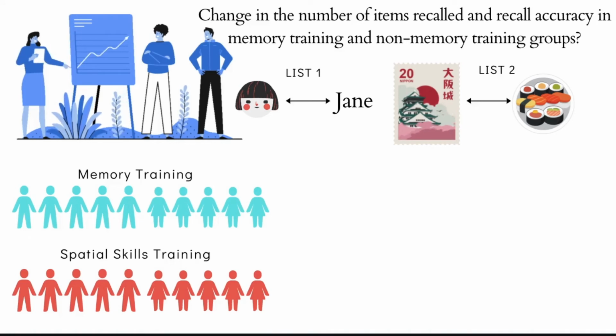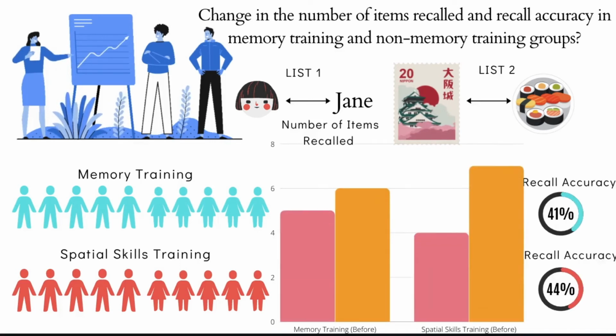Also remember that we are interested in two key measures of interest, which is the number of items recalled and the recall accuracy performance. So here we have the mock data for the two groups, and we observe that the performance of each of the groups does not differ that much in either the recall accuracy or the items recalled.